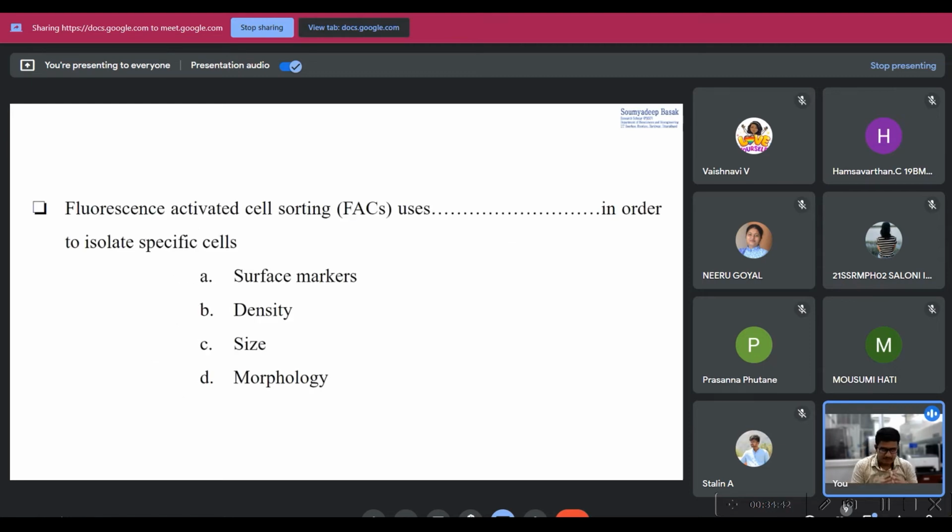Next question: fluorescence activated cell sorting, which we have studied, uses what in order to isolate specific cells? The options are surface markers, density, size, and morphology. Anyone? So these are surface markers.